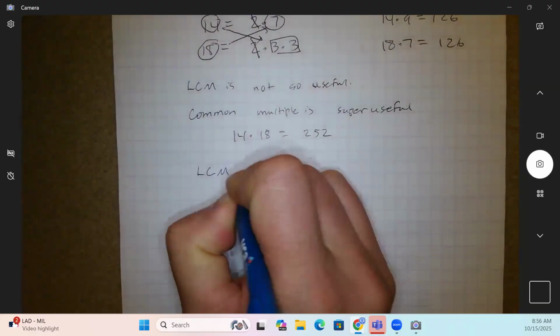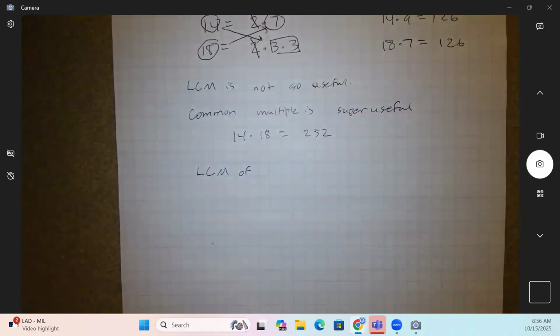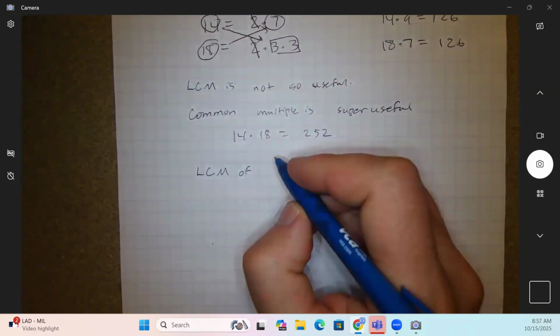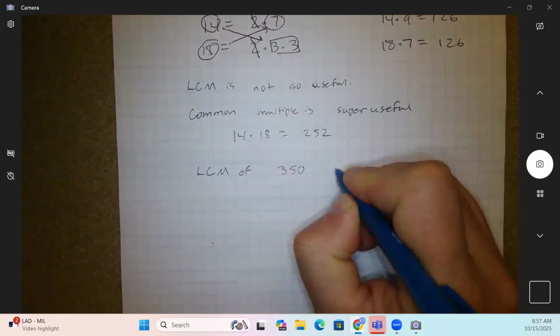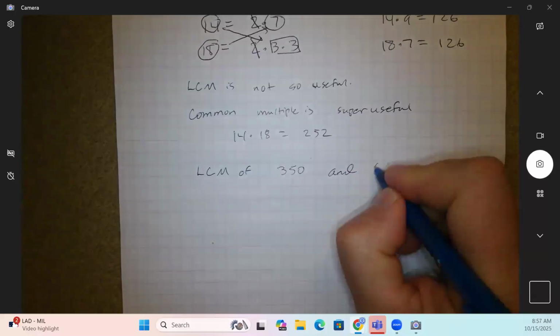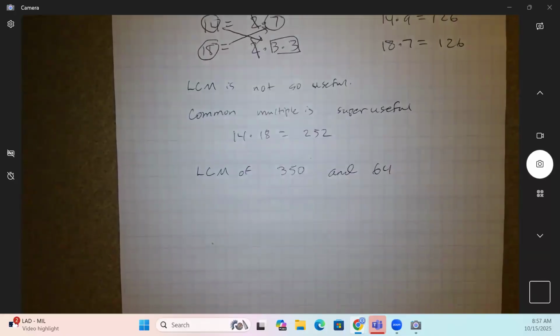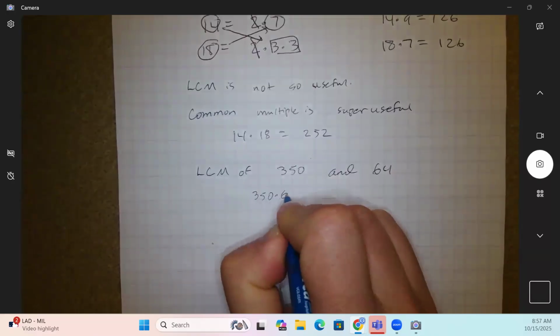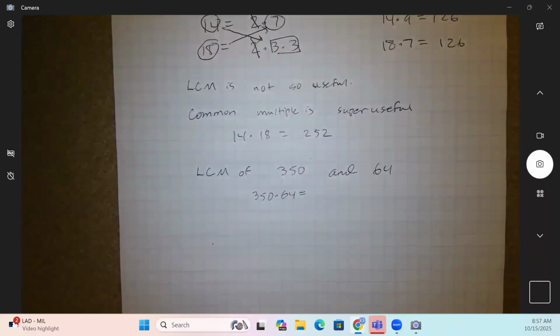The least common multiple of, let me see. Hold on. What did they got? 9, 5, 50. Yeah. The least common multiple of 350 and 64. I could work to find that out. Or I could just say, let me just use 350 times 64.